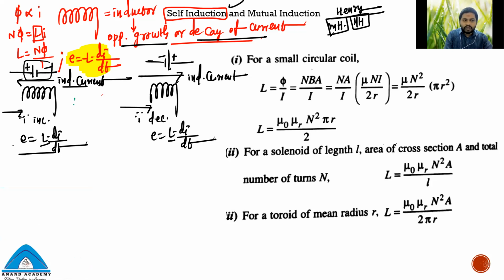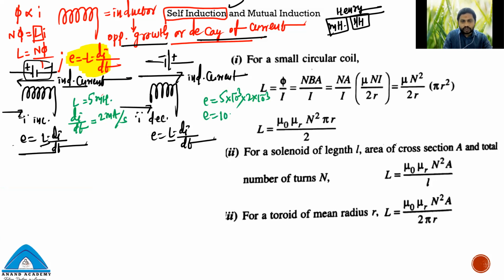They'll give you the L value. Imagine that it is 5 millihenry and di by dt, the rate of change of current, is 2 milliampere per second. Like these questions will be asked, and you can find this E value. E is equal to what? 5 milli, 10 raised to minus 3, into di by dt, which is 2 milliampere, 2 into 10 raised to minus 3.